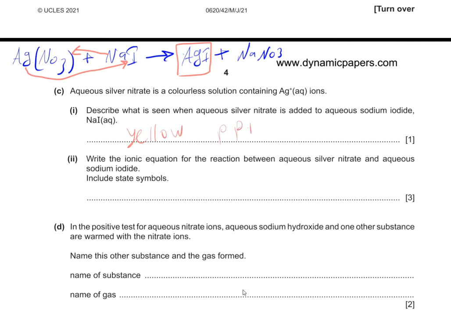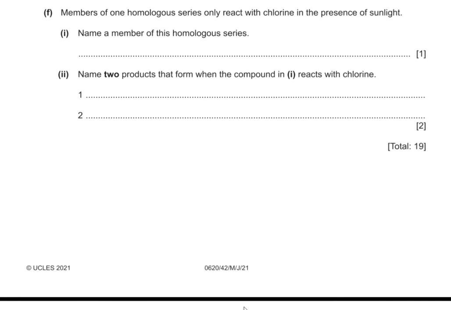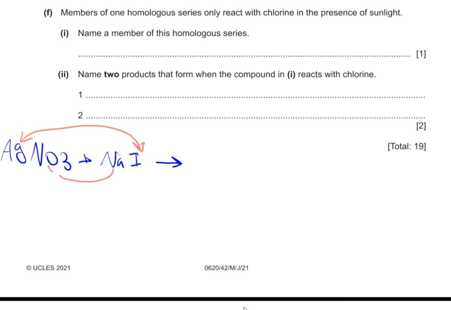So it's a yellow precipitate. Write the ionic equation for the reaction between aqueous silver nitrate and aqueous sodium iodide. Include state symbols. So like I mentioned before, the full reaction that happens looks something like this. It was silver nitrate plus sodium iodide, one positive ion with the negative ion here, and the other positive ion with the other negative ion from the other compound.